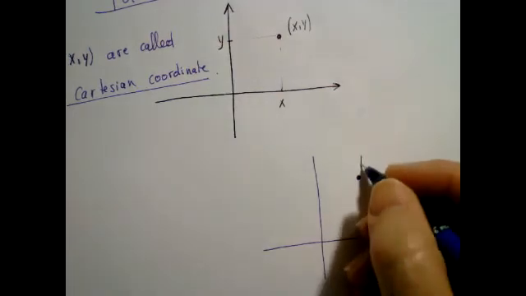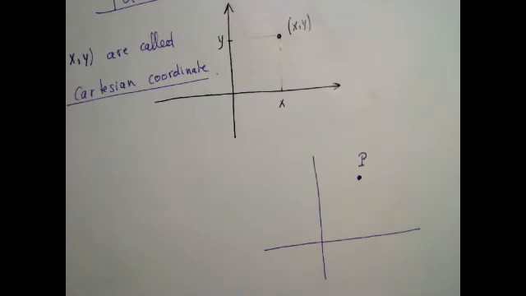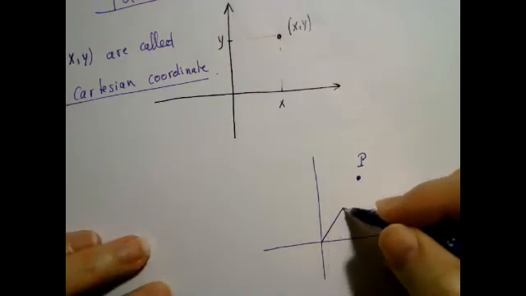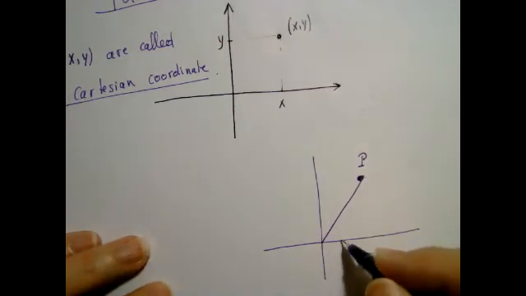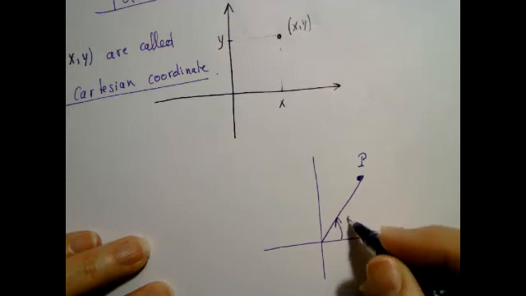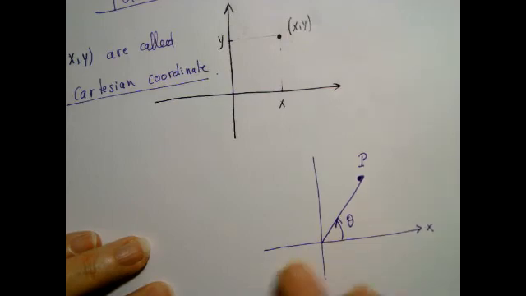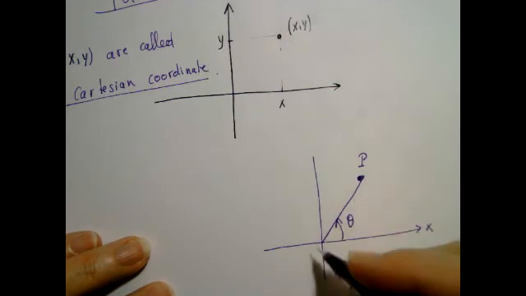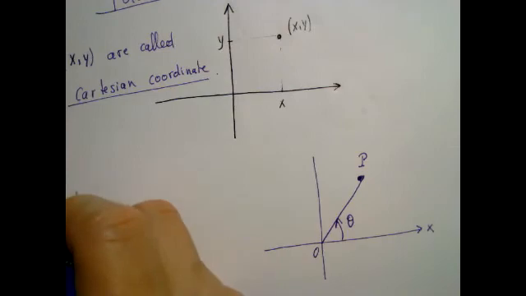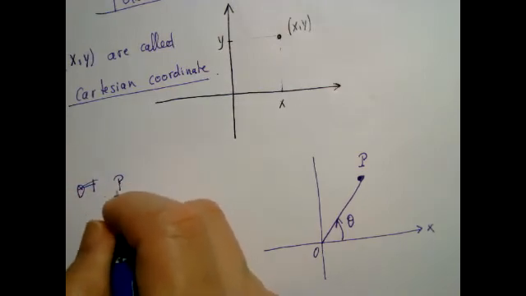So this is a point P. I'm going to call theta the angle between the positive x-axis, or the horizontal axis, and OP. So P is a point in the plane.